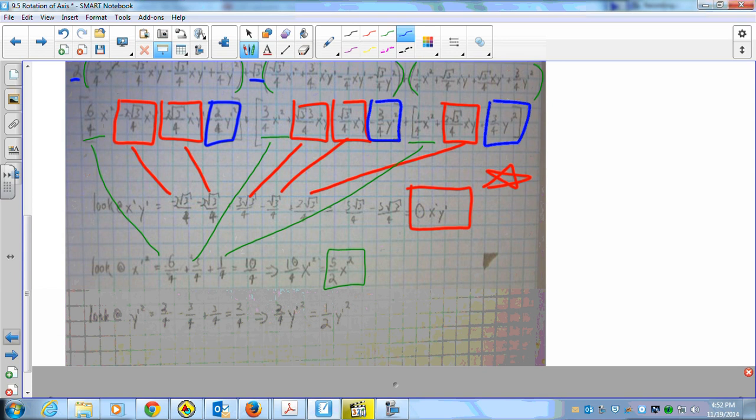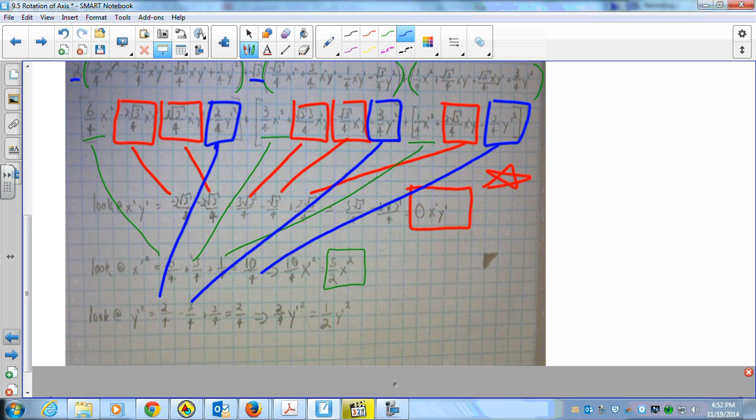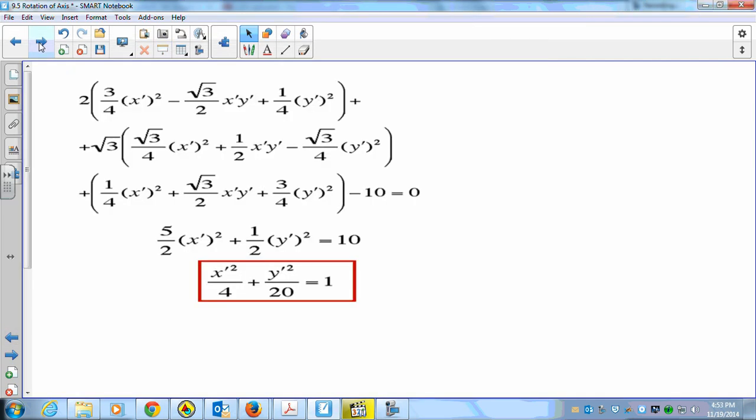And I get 2/4 minus 3/4 plus 3/4, which is going to be 2/4. And 2/4 is the same thing as 1/2, and that is the y prime term that I have. So notice I have 5 over 2 x prime squared and 1 over 2 y prime squared, and that's going to be a lot easier working with my parabolas.